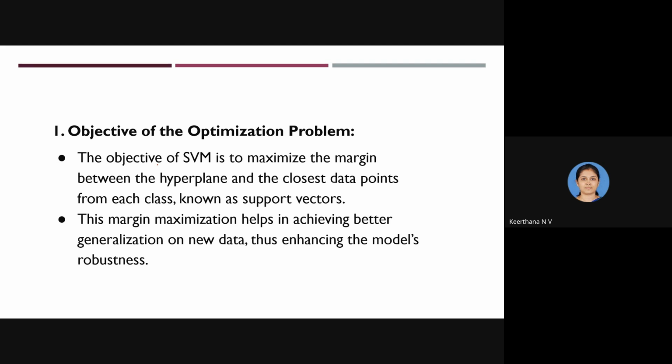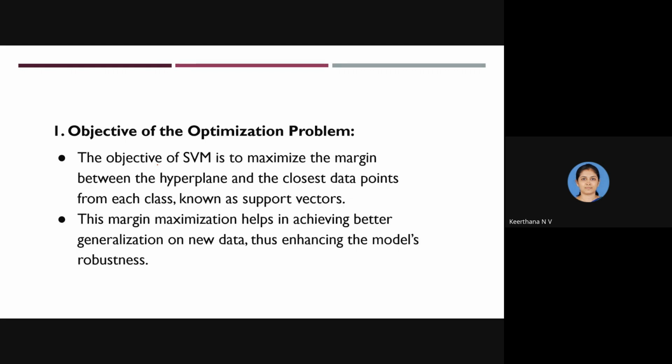You can expand the margin space in your hyperplane, and the closest data points from each class are known as support vectors in SVM. So you can define the relationship between expanding the region of the hyperplane and the closest data points for optimizing your model's performance.